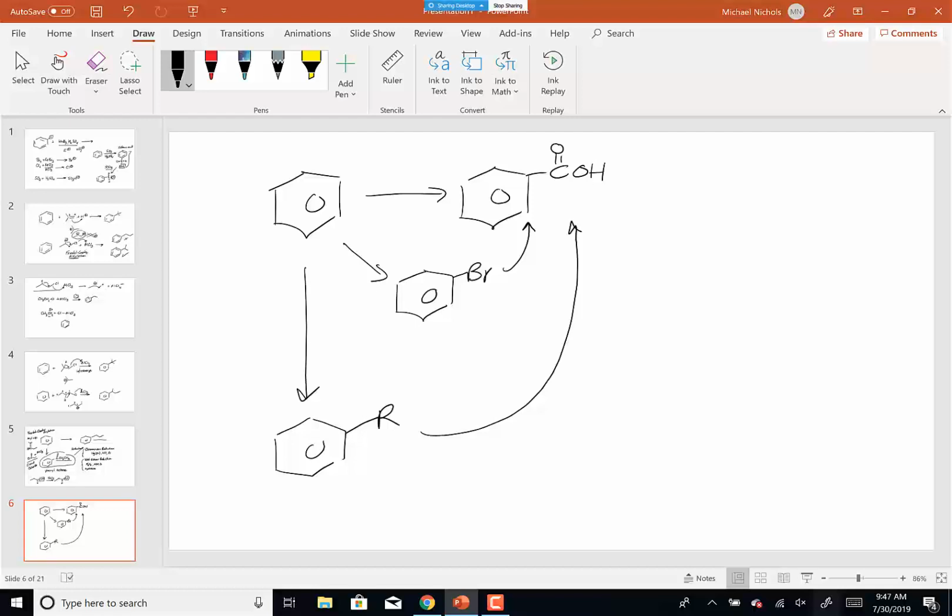And then I just need to know how to add the bromine or the R group, the alkyl group, to the benzene ring. So, which one do you want to do? Your choice.